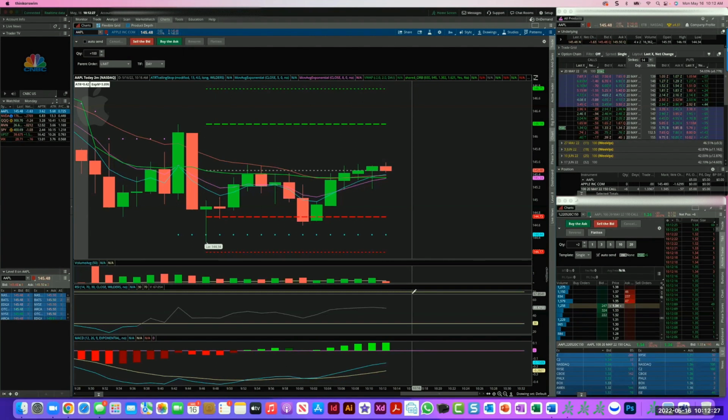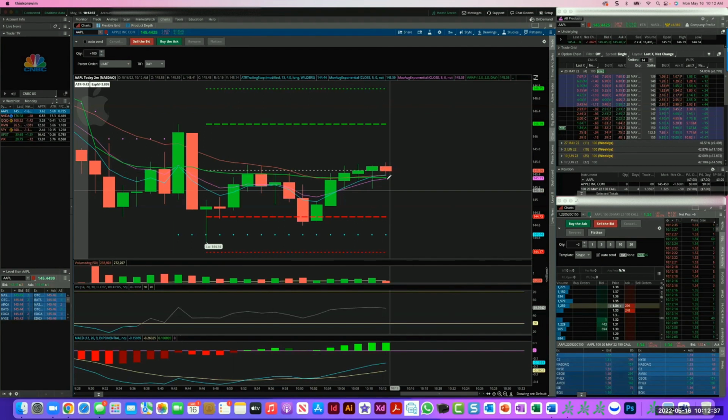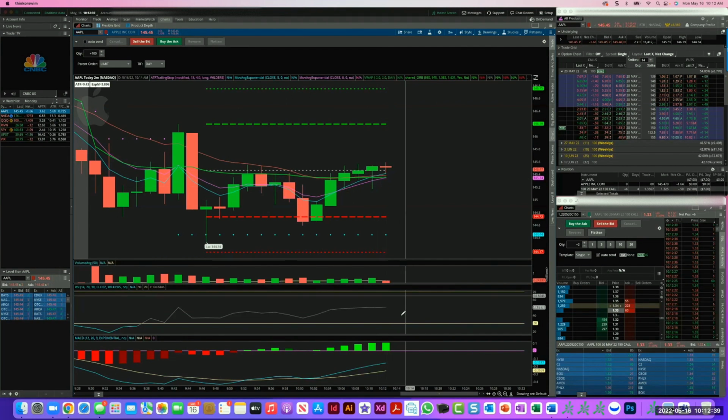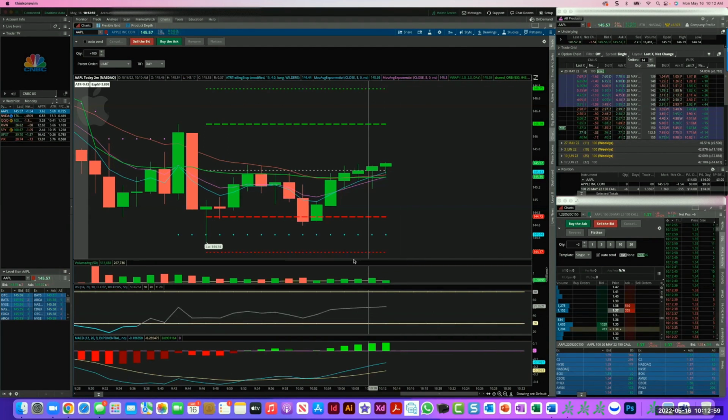Right now, we're just dealing with volatility. So we are looking to have this support level here hold. And again, we're using a 2-minute chart versus 5-minute. We'd love to see some volume come in on this move for Apple.